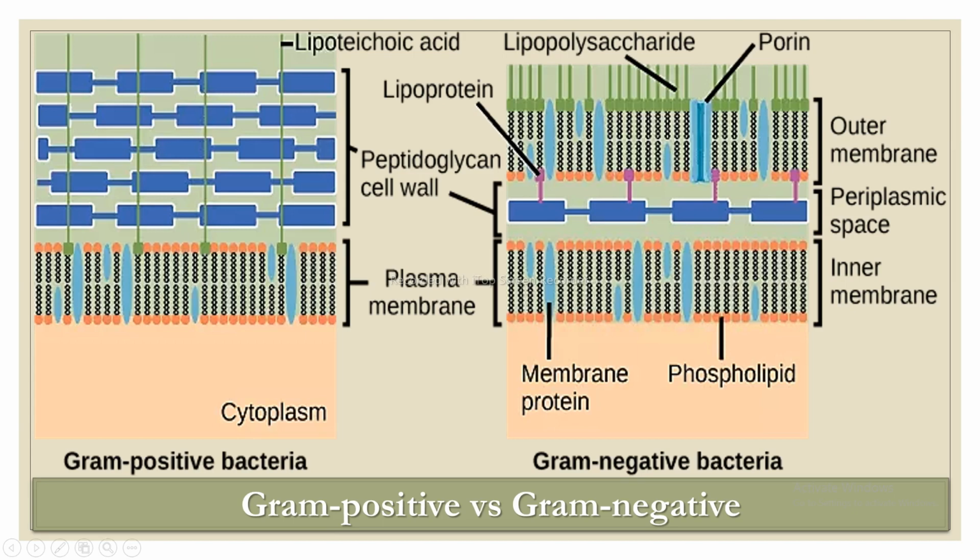On the other hand, this is inner membrane and this is plasma membrane. And in plasma membrane you can easily see these are membrane proteins in light blue color. And this is phospholipid in orange color. So this is gram positive versus gram negative as shown in the figure.